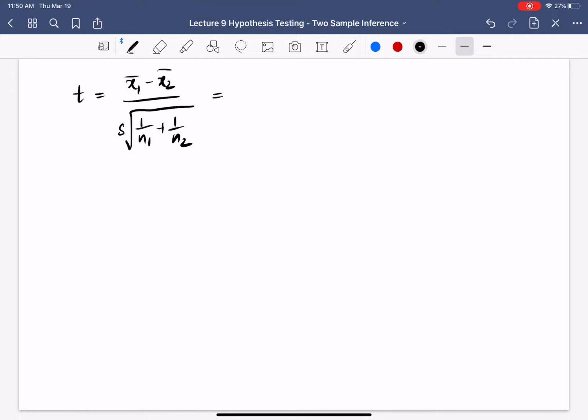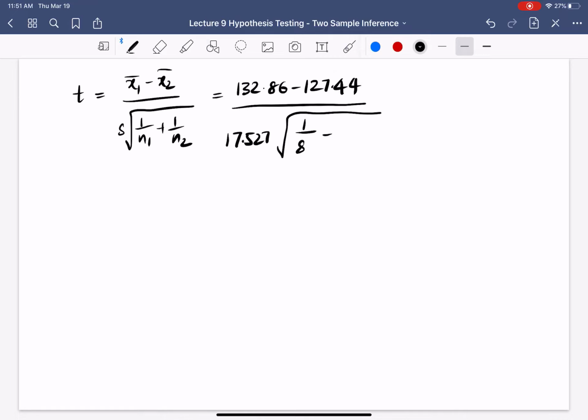So that becomes S1 bar is 132.86 minus 127.44 divided by 17.527 under root 1 by 8 plus 1 by 21.